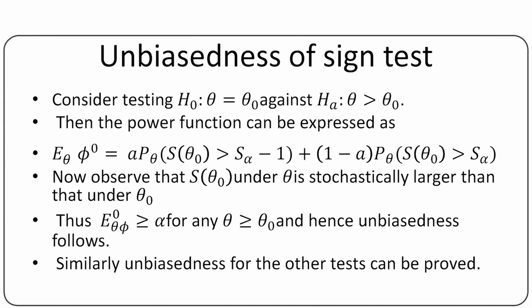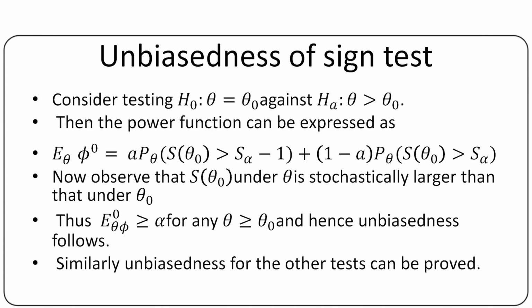Using these, we find that expected value of phi naught, that is power function, exceeds probability S theta naught greater than s alpha plus a probability S theta naught equal to s alpha, where both the probabilities are evaluated under theta naught. Then the right hand side of the above is nothing but expected value of phi naught under theta naught, which is again nothing but alpha.